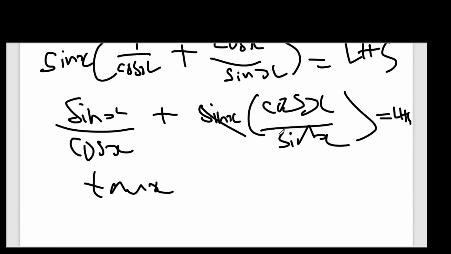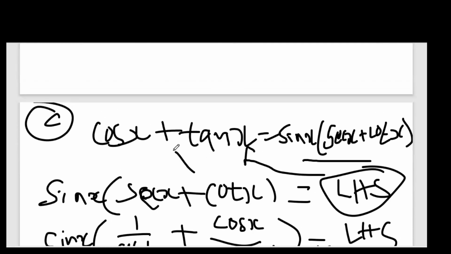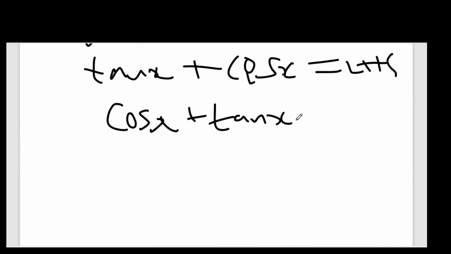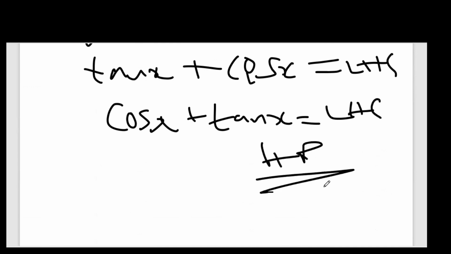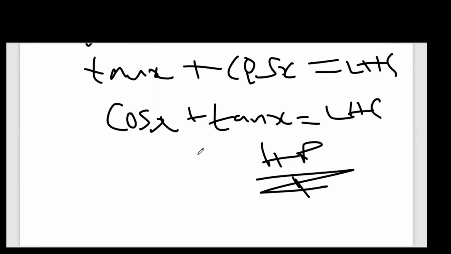And here the sin cancels with that sin, so plus just remains the cos x there, equals the left hand side. You can see that this is the same thing we have on the left hand side: cos x plus tan x is the same as tan x plus cos x. So we can even write it the way it is in the equation, plus tan x, equals the right hand side, hence proved. Okay, let's look for another one. We are on E. We just solve all of them anyway. So on E there, we have, of course, sec squared x on top.